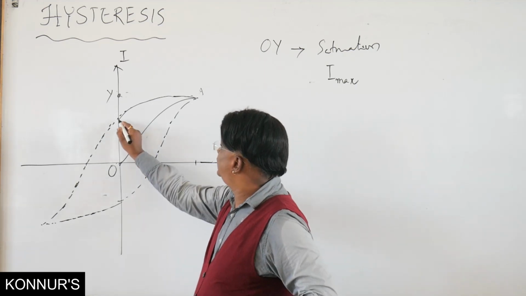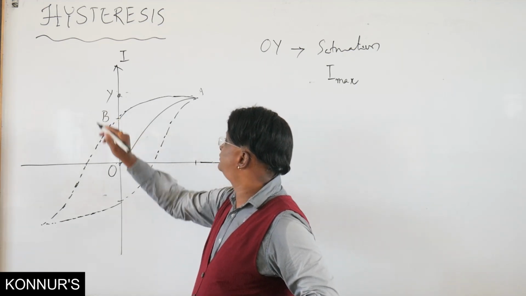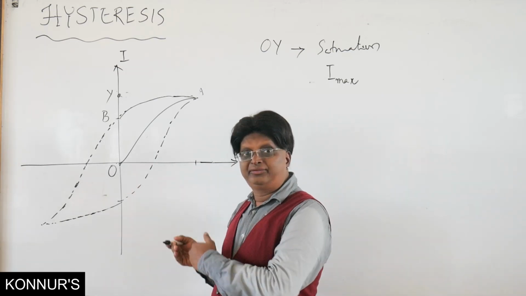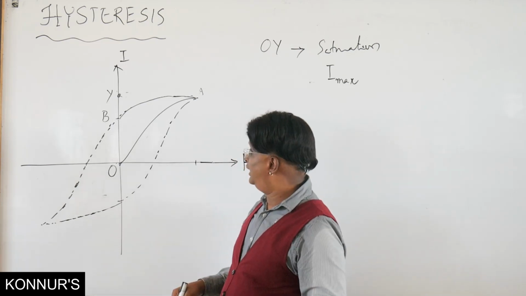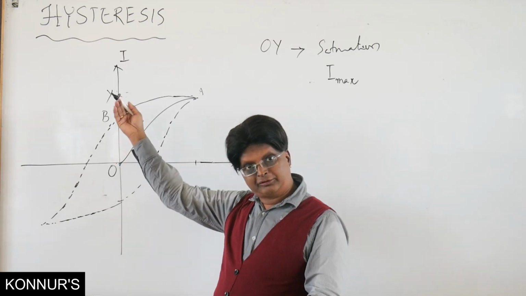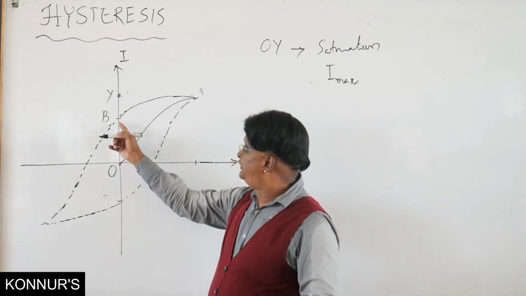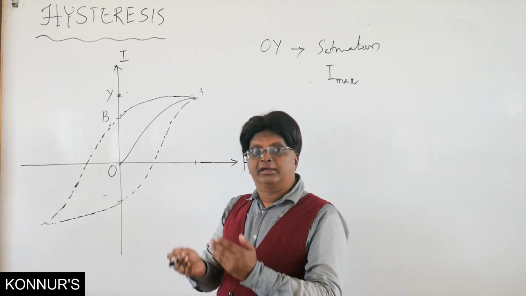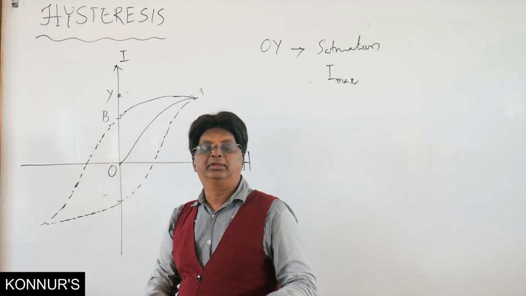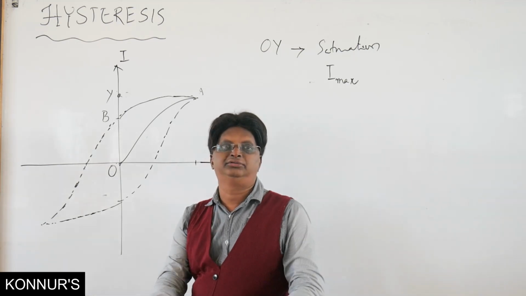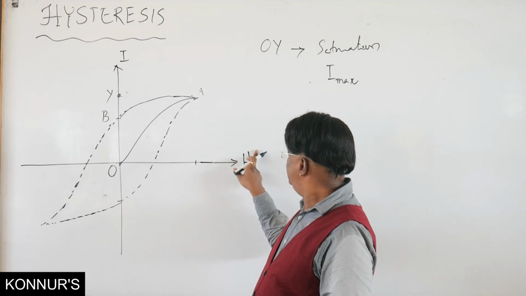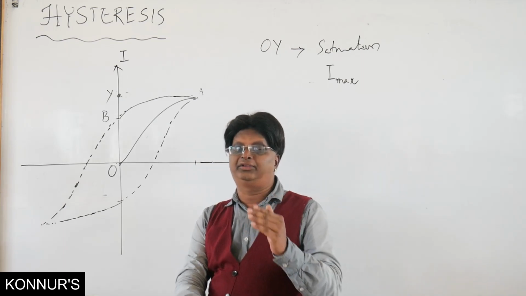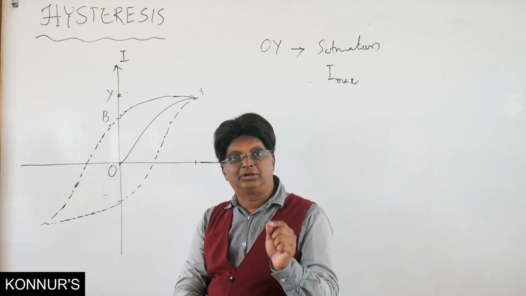What does it mean? Here I call this point B. The inference we can draw is that the ferromagnetic material shows a tendency of retaining magnetization even in the absence of H. Actually I is due to H, but even in the absence of H, whatever I it has acquired will decrease but does not become 0.